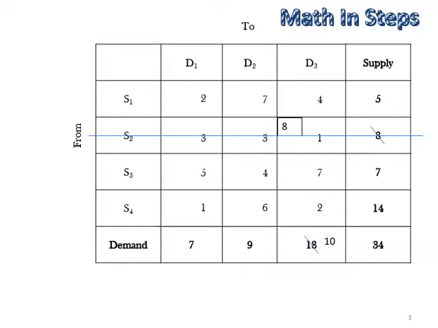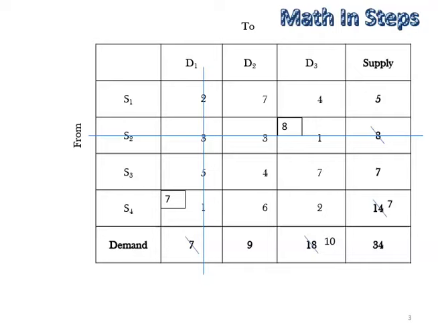Now here the allotment will be minimum of supply and demand, that is minimum of 14 and 7. So we'll allot 7 here. Now with this, the demand of D1 will get over, whereas for S4 source 7 units will be still remaining. Now as D1's demand is over, this time we'll cancel the first column.